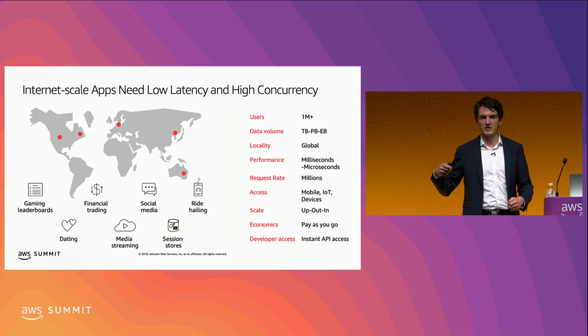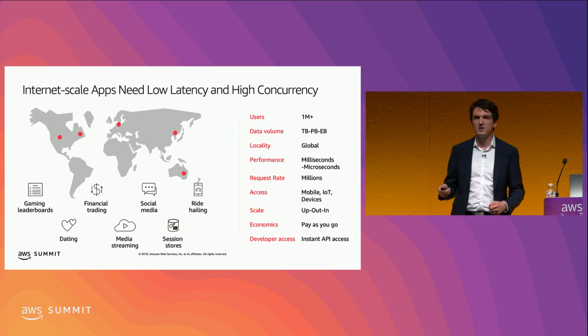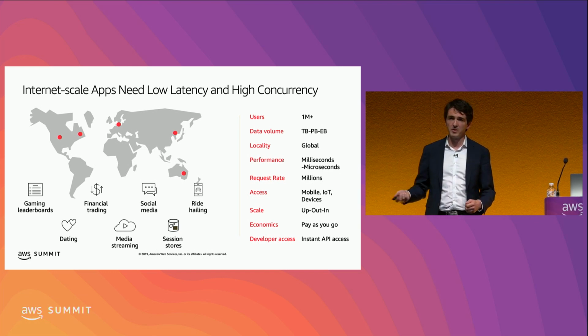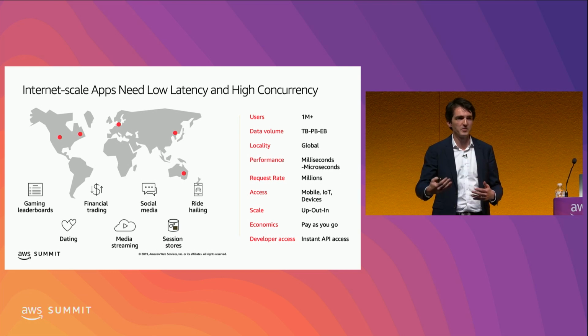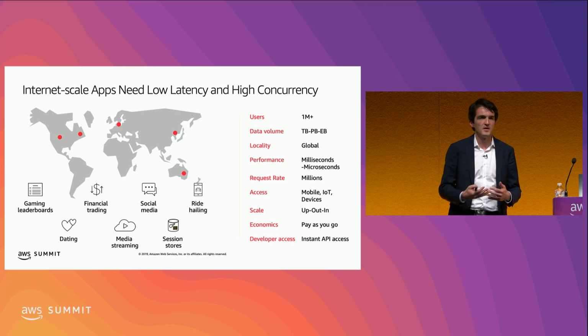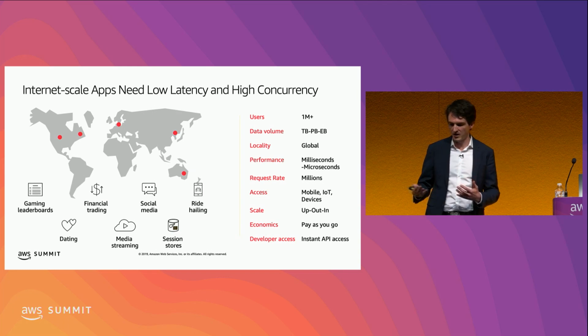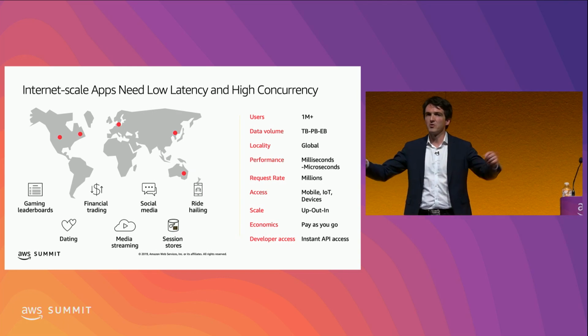And that's something that you can't really achieve, even with the more advanced database. You always have to have something in between as a caching mechanism. And that's something that Elasticache can do, to have your data closer to your user.